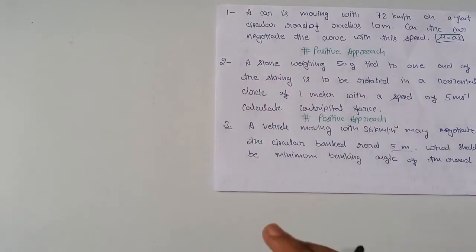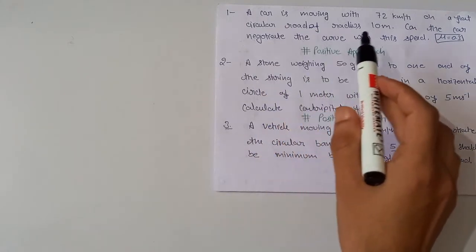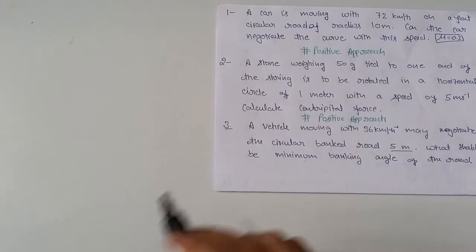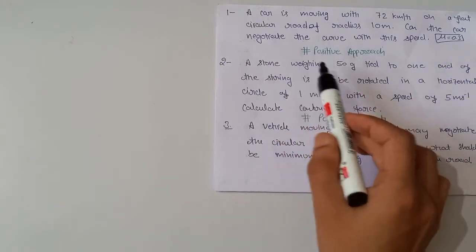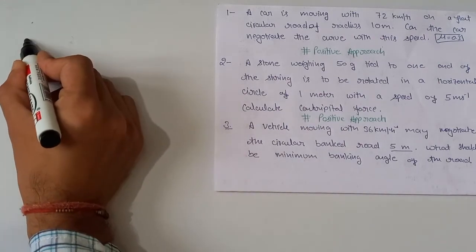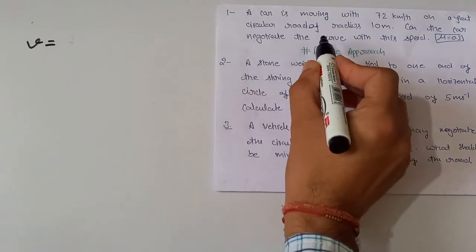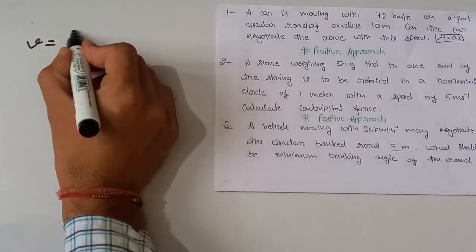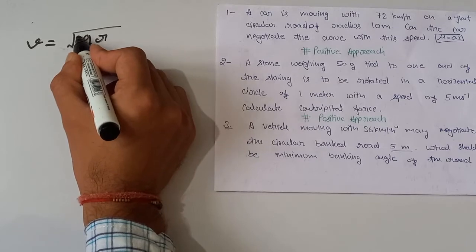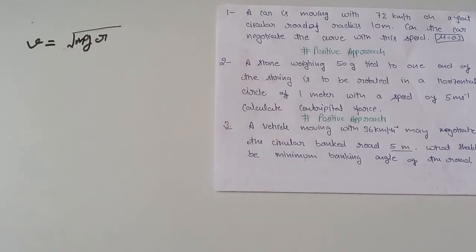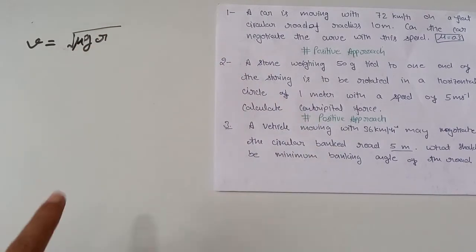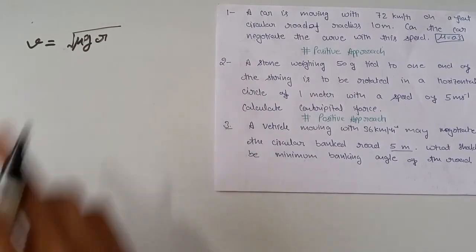Our first numerical: a car is moving with 72 km per hour on a flat circular road of radius 10 meter. Can the car negotiate the curve with this speed? We know that the negotiating speed of a car over a flat road is under root of mu gr, where mu is the coefficient of friction.